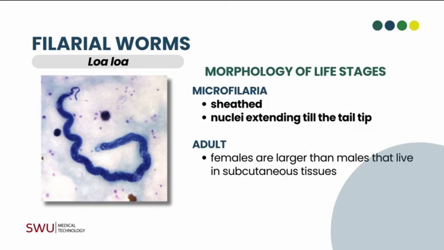So much so that they can reach the subconjunctival tissue. The subconjunctival tissue is the membrane that covers the white part of the eye. The adult worms are capable of living inside the human host for about 4 to 17 years.